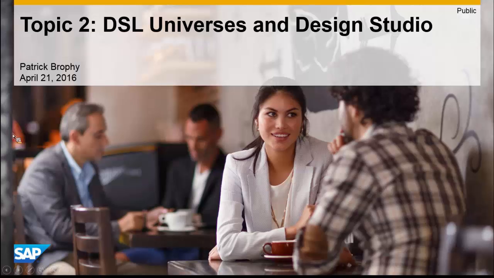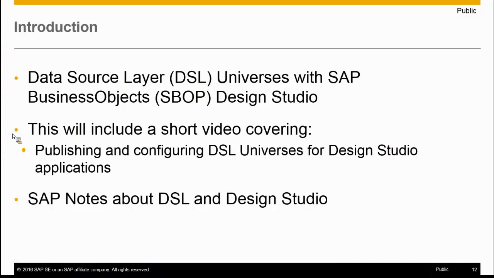So that concludes topic 1. I'm now going to move on to topic 2, which is DSL universes and Design Studio. In this, I am going to play back a video showing how to set up the data source DSL universes with SAP Business Objects Design Studio in BIP mode.